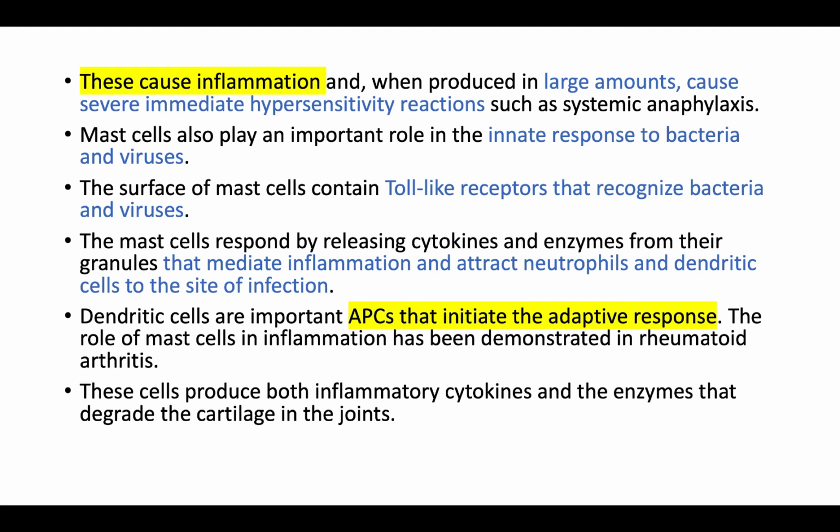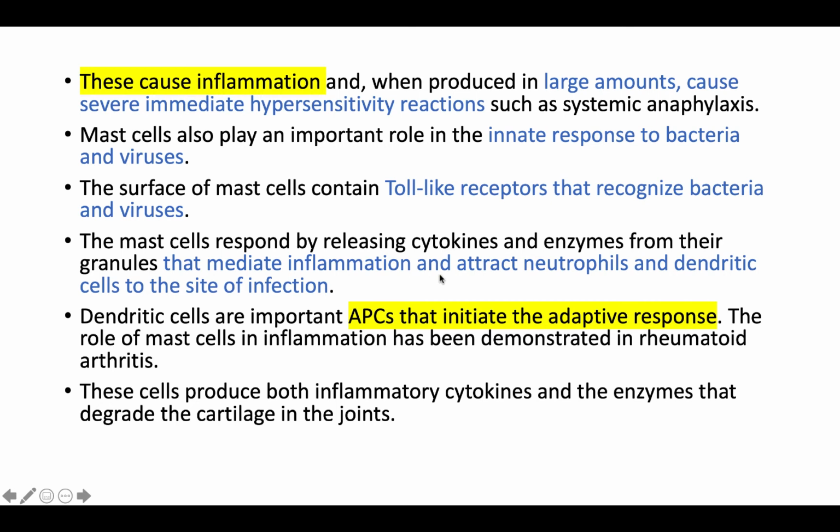So they can respond by releasing cytokines and enzymes, and then cause inflammation, and they attract neutrophils, dendritic cells and macrophages to come and clean up the area. That's the principle of histamine, really. But if you have too much histamine, it becomes systemic anaphylaxis.